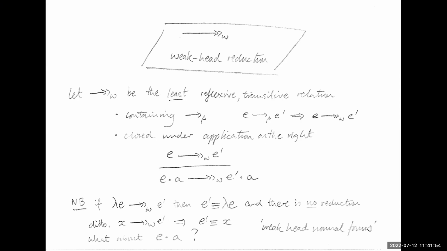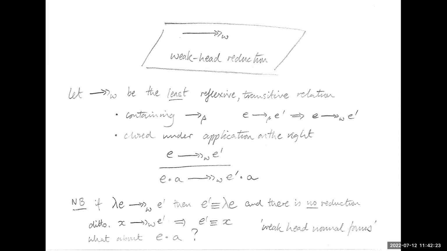Okay, so if I beta reduce at the top level, then I'm definitely weak head reducing. So top level function applications, yep, that's a weak head reduction. But otherwise, all I can do is reduce in the function position, and the argument stays the same. So in particular, lambdas cannot reduce.